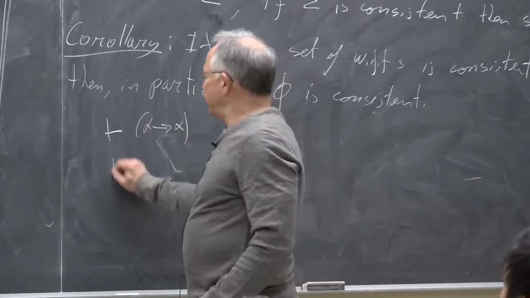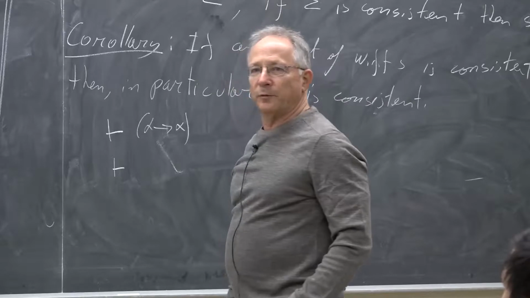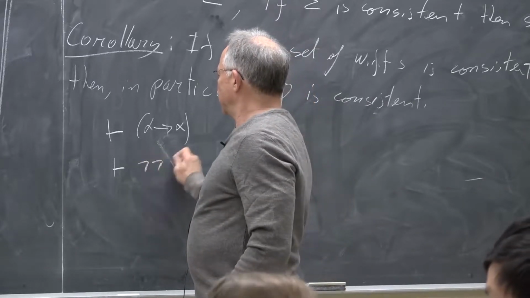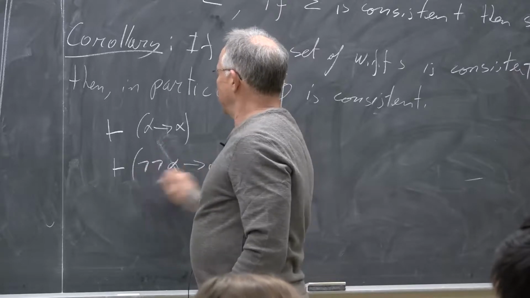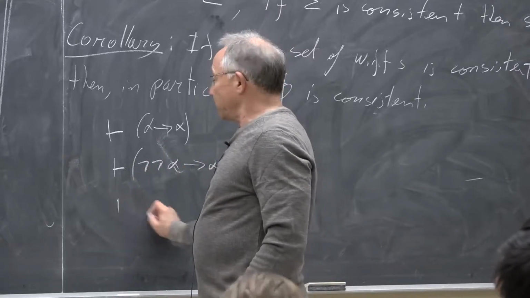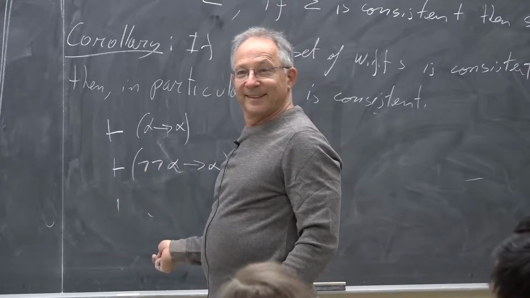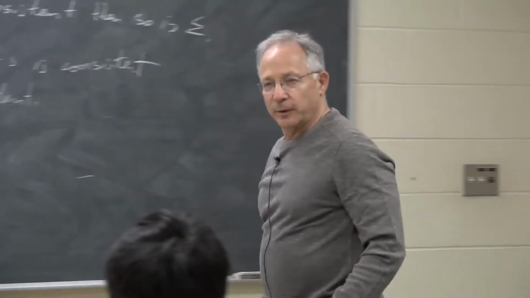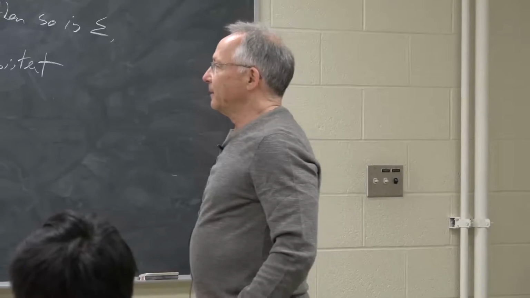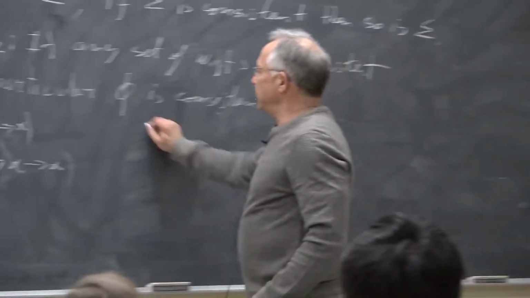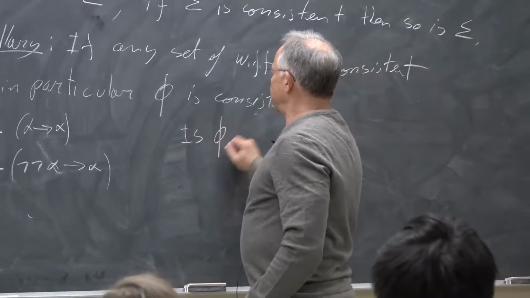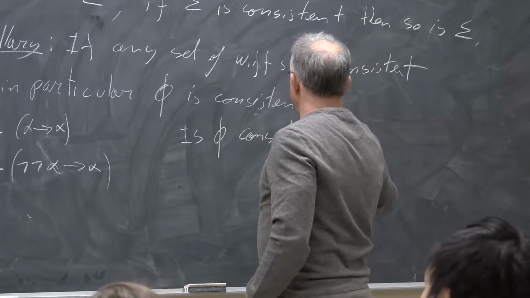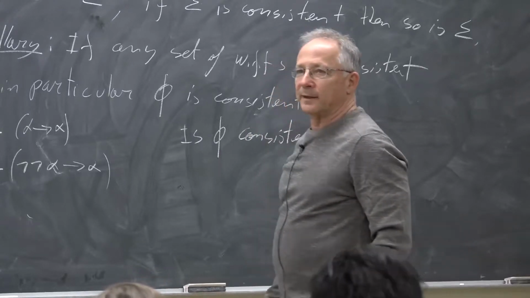And from the empty set, we could prove not alpha arrows alpha. Maybe from the empty set, I can prove everything. How do I know that I cannot? You see, that's the question. So my question is, is the empty set consistent? That's the first thing we have to check to make sense out of consistency.